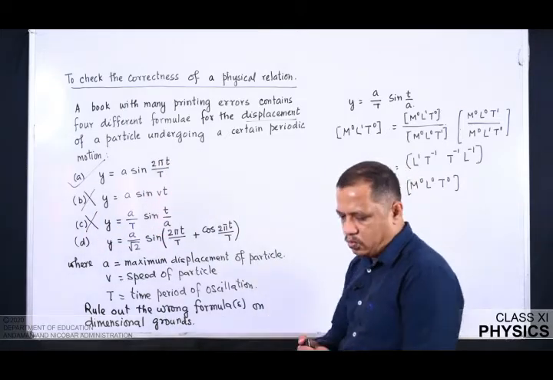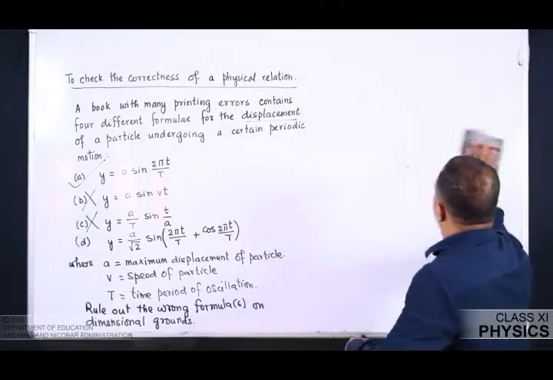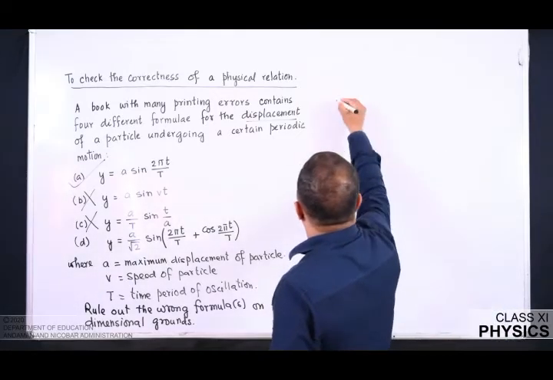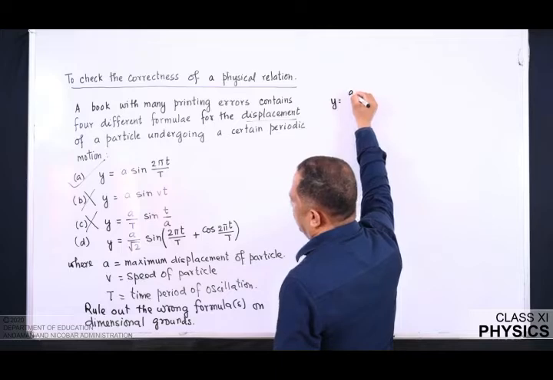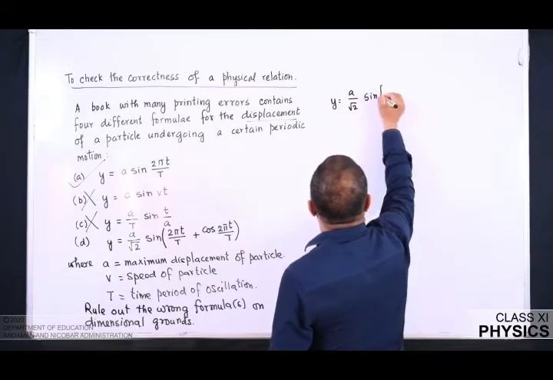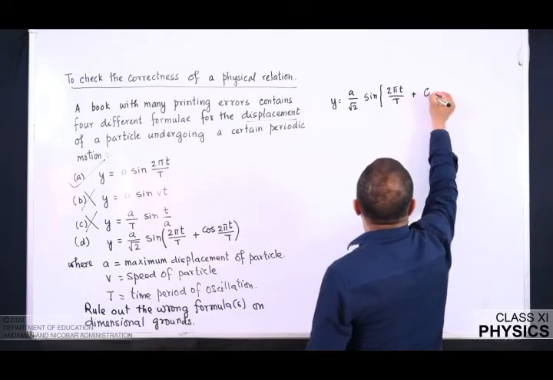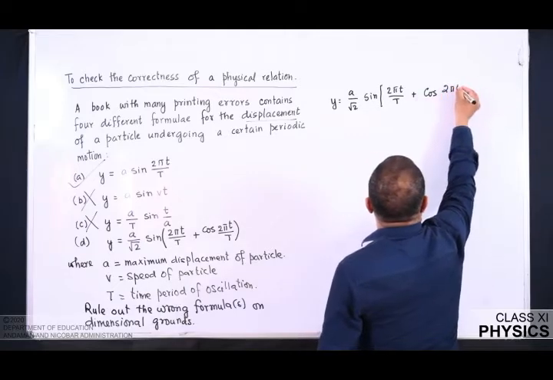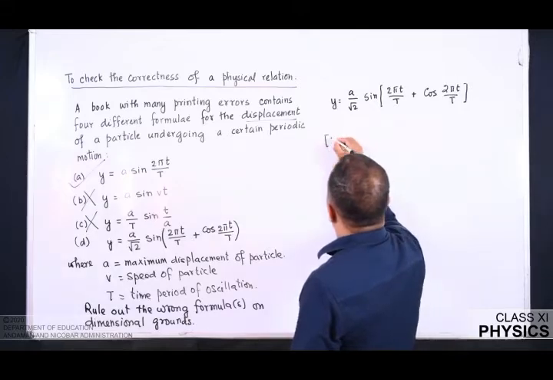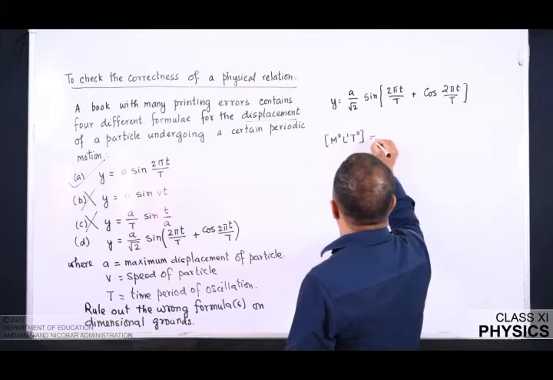Let us check the fourth equation. When I check the fourth equation, I am given y is equal to a over root 2 sine 2 pi t over capital T plus cos 2 pi t over capital T. Now here for y the dimension is m power 0, L power 1, t power 0, since it is a displacement.